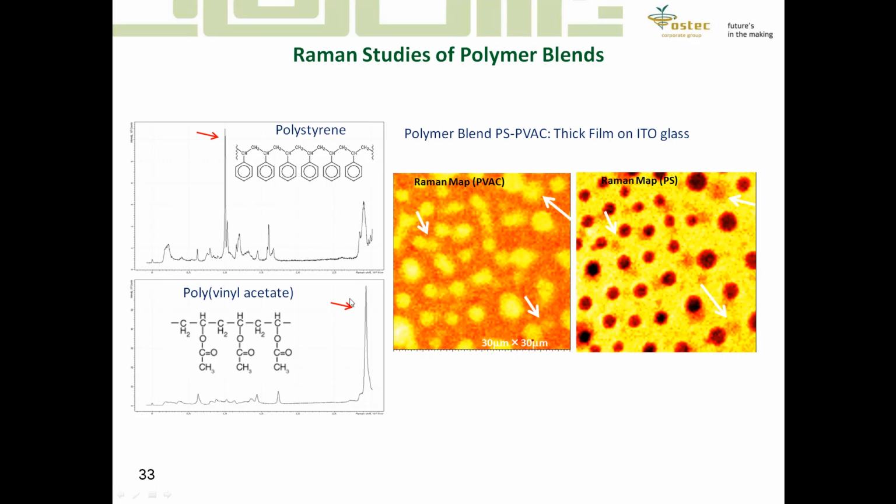And for the intensity of selected peaks, the first peak for polystyrene is about 1000 wave numbers, on the right hand side, and the other one is for polyvinyl acetate, about 3000 wave numbers. So we can see that the matrix is clearly made of polystyrene, and on the surface in the matrix we can see some domains of polyvinyl acetate.